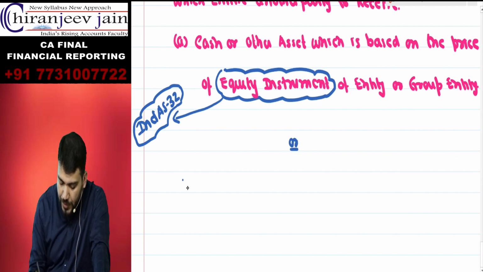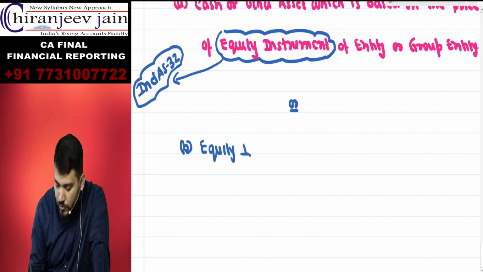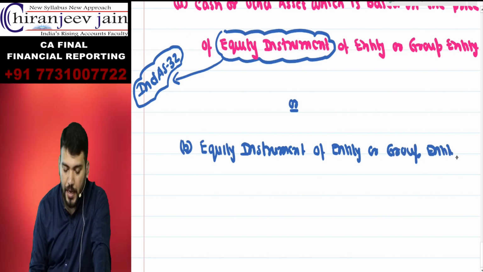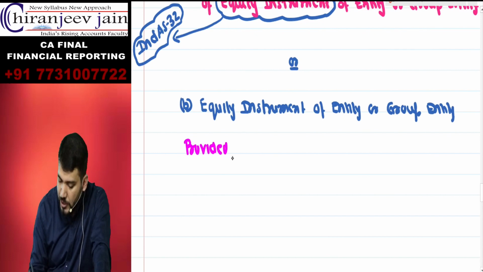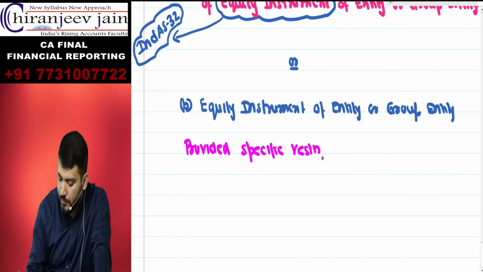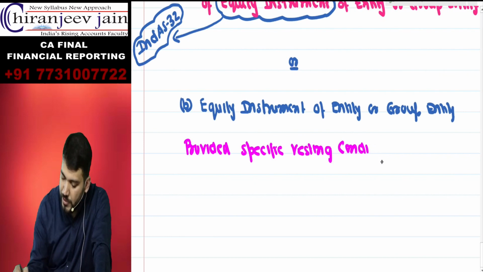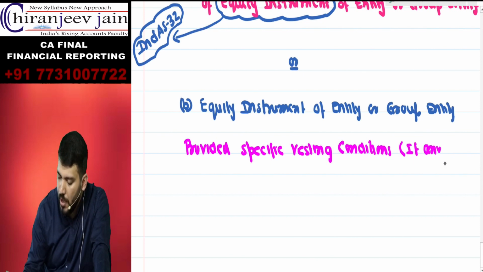Or point number B, equity instrument of entity or group entity, provided specific vesting conditions, if any, are met.